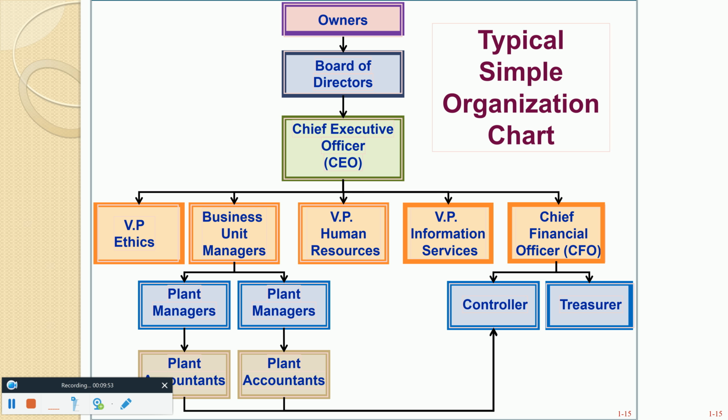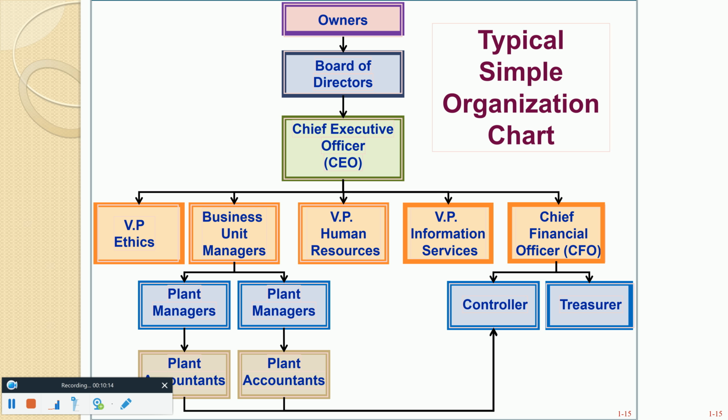And what they do is they hire a CEO, a Chief Executive Officer, and they are the ones that are in charge of the day-to-day operations of the organization. And as you see here, this typical org chart, underneath the CEO, we're going to have different VPs for the different areas.